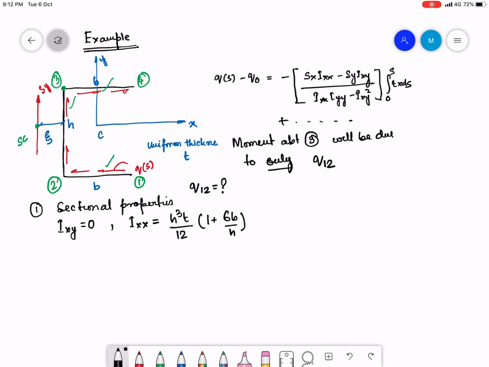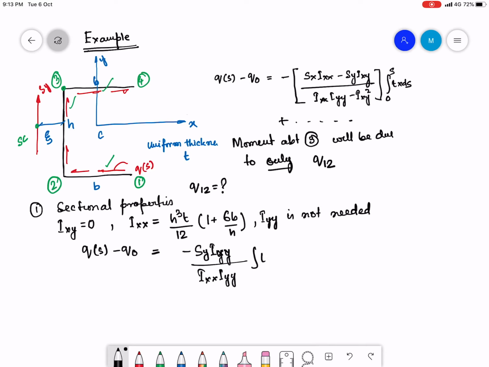Okay, I would not need Iyy. Iyy will not be needed because Qs minus Q0 is going to be minus Sy by Ixx into Iyy into dy ds from 0 to s.